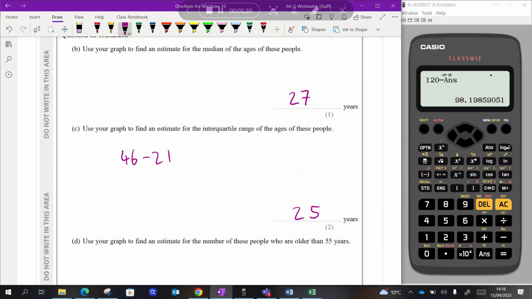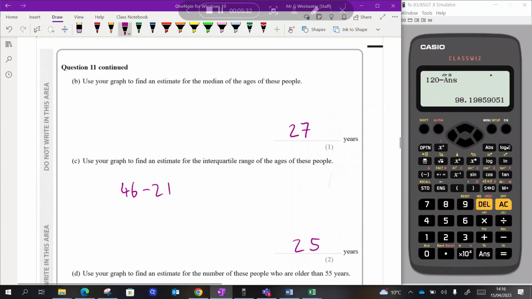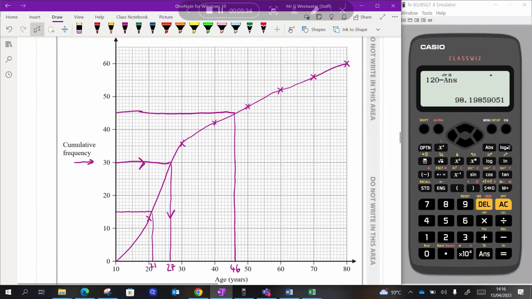Use your graph to find an estimate for the number of people who are older than 55. So now we go the other way. We go up from 55. I'm putting these arrows in so that it's clear which way I've gone before. But now I'm going the other way, so I'm going up from 55. Here we are.